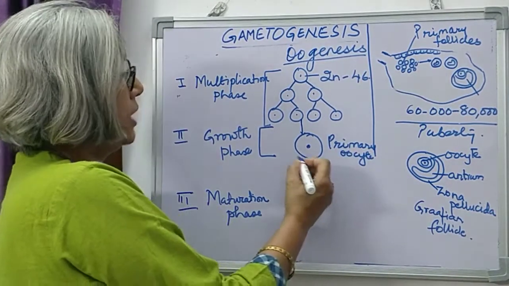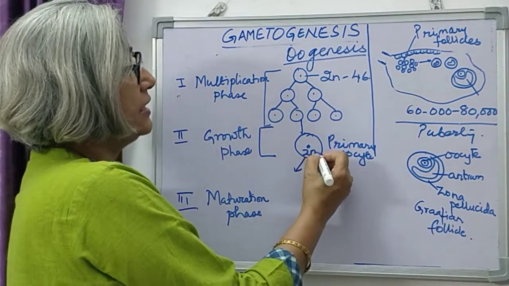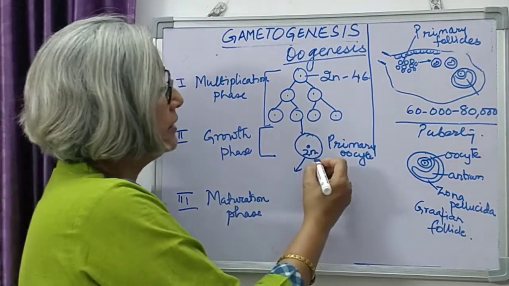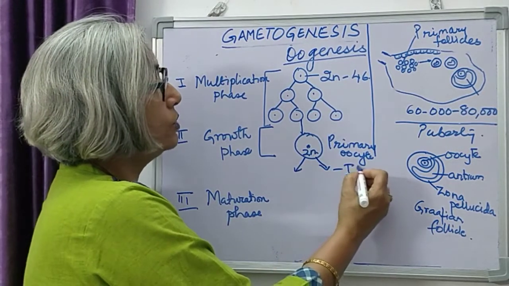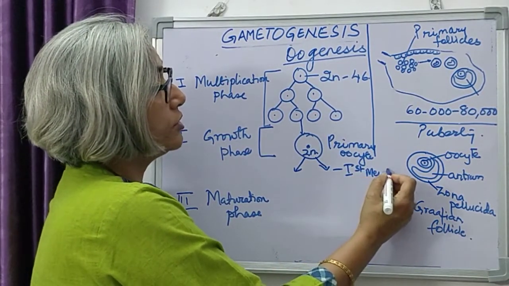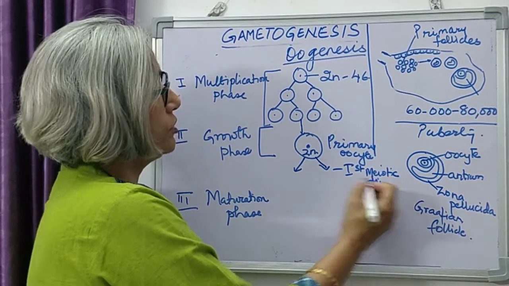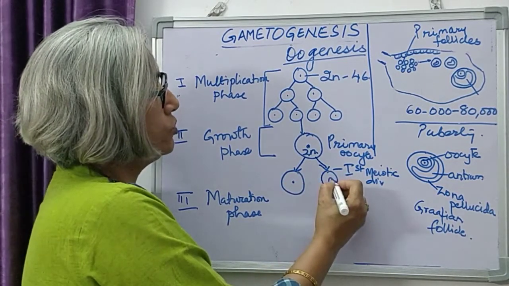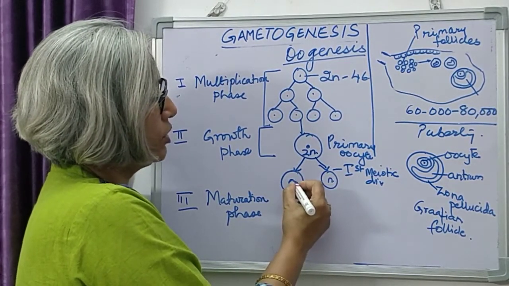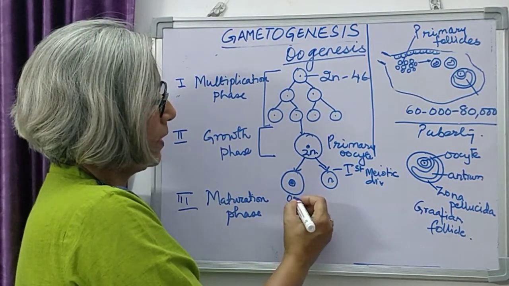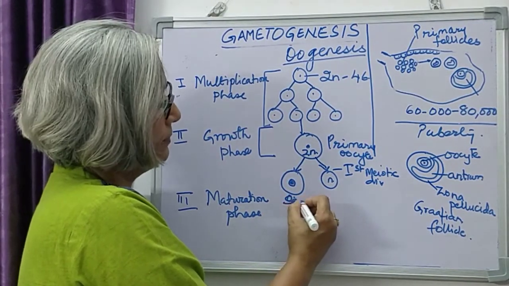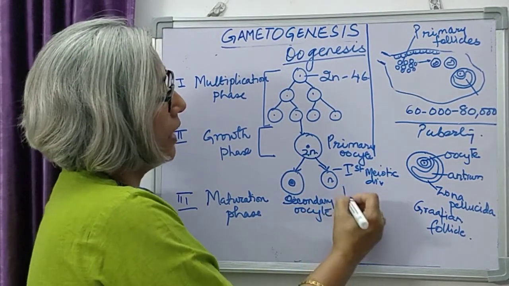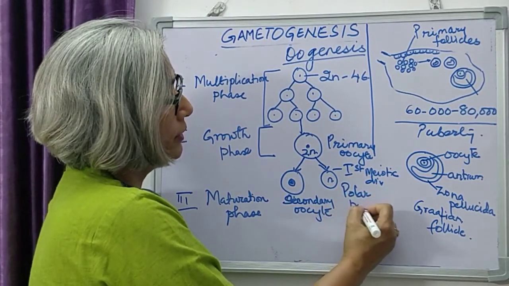Now this primary oocyte undergoes, till here the chromosome number is diploid. It has 46 chromosomes in it. This then undergoes the first meiotic division to form two cells. Now of these two cells, one is important, which will be the secondary oocyte, and the other is called a polar body.